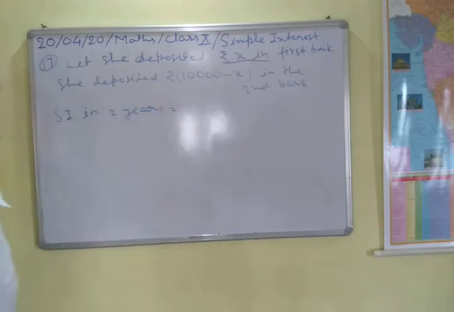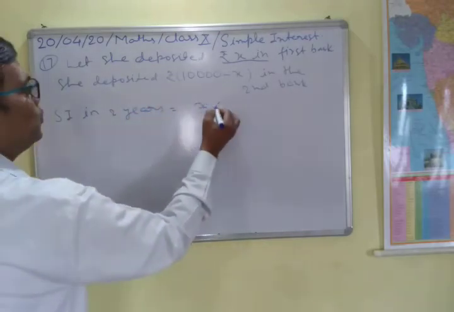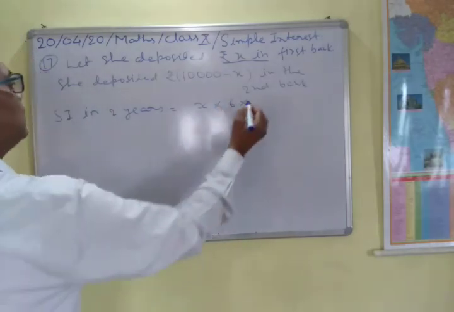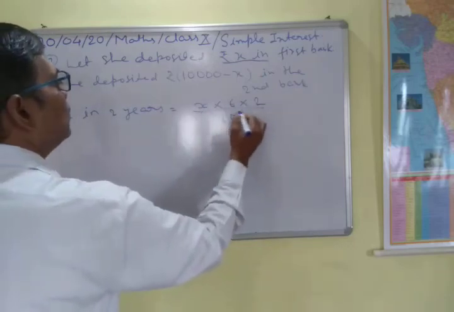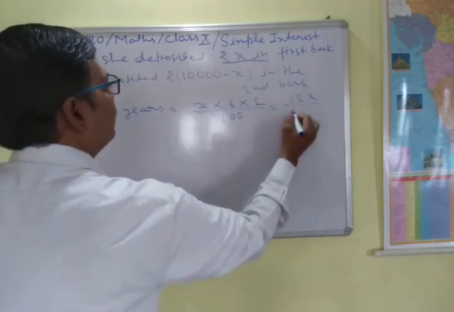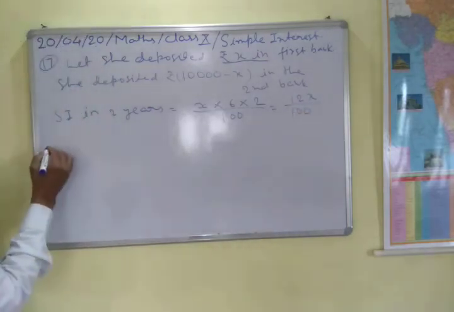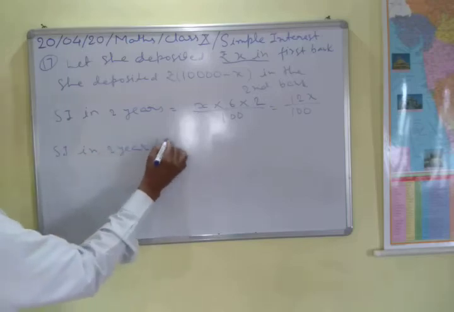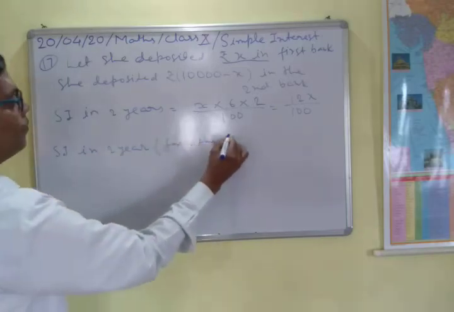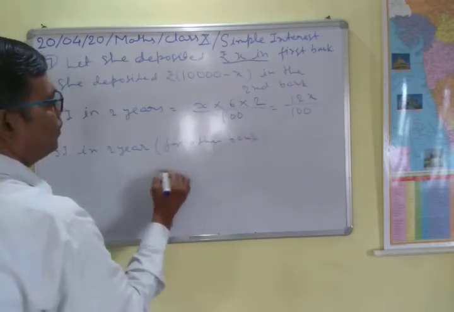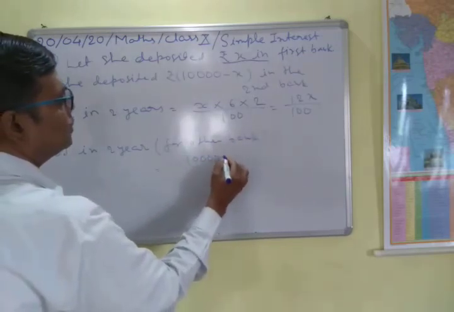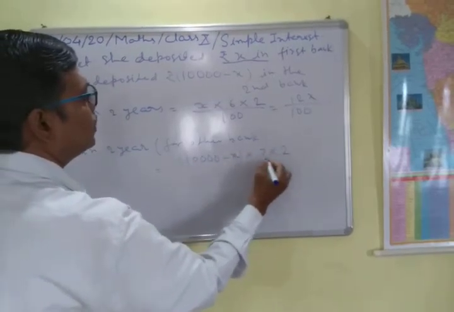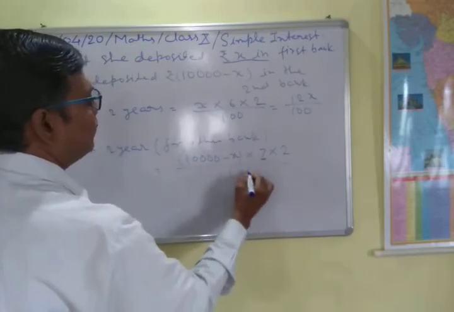So the simple interest in 2 years for the first bank will be X into 6% into 2 years by 100, that is 12x by 100. And SI in 2 years for the other bank is equal to 10,000 minus X into 7 into 2 by 100, because it is 7%.